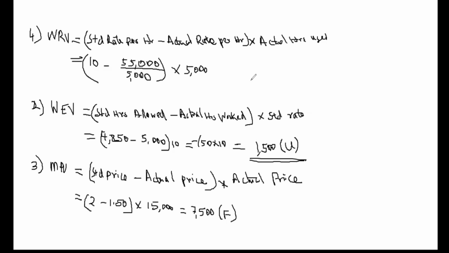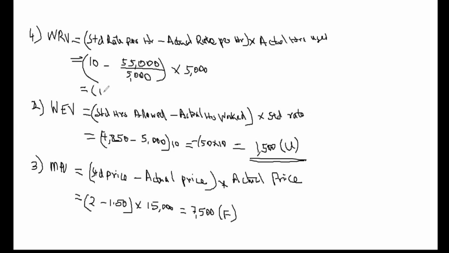You remember BODMAS? So you always start with division, you divide this first before you subtract. So 55 divided by 5, that is 11. So it's 10 minus 11.